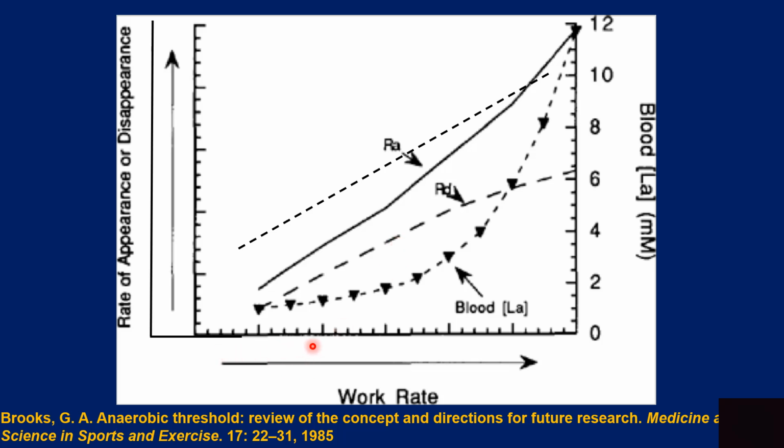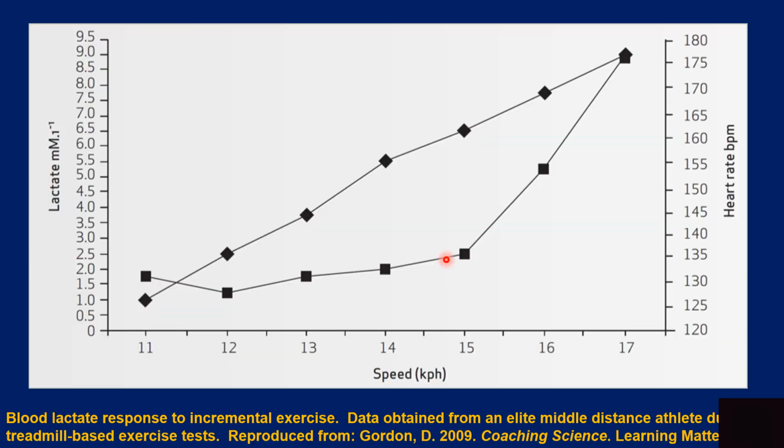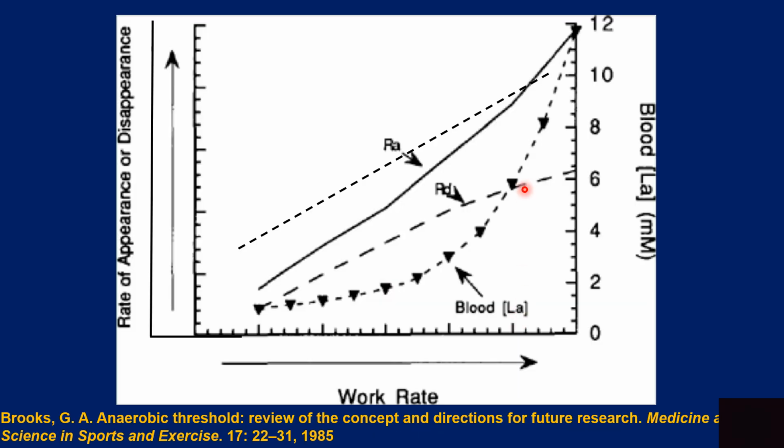So as exercise intensity increases, the number of inactive fibers starts to decrease until we get to a point, which is the lactate turn point here, which is the big kick that you saw on the previous graph at 15 kilometers an hour, where the rate of appearance starts to exceed the rate of disappearance.